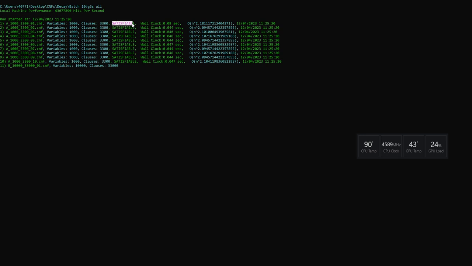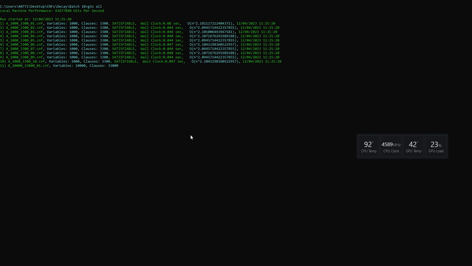If a solution has been found, satisfiable is printed out, then the wall clock, representing the raw time in seconds to find a solution, and then the order of complexity, which is in terms of the number of variables. So this is n to the 2.18, and it is measured based on the number of variable hits per second.